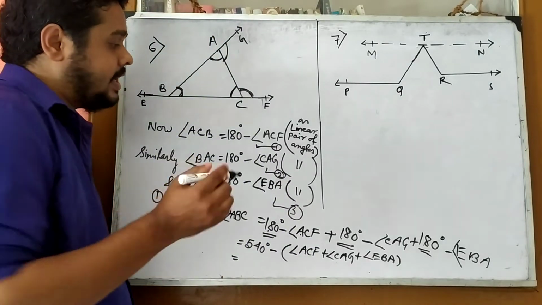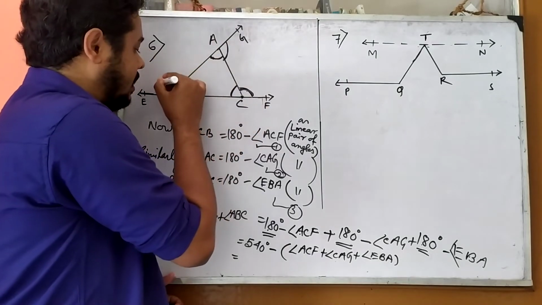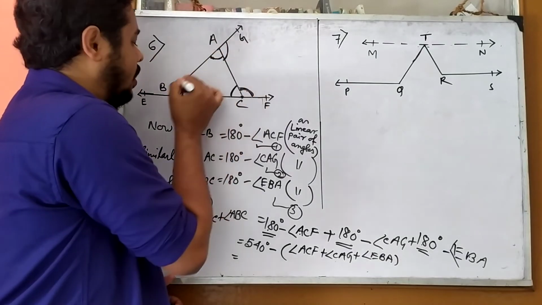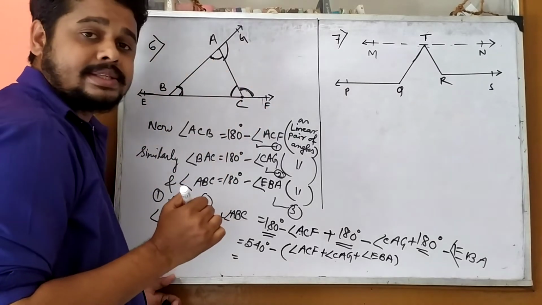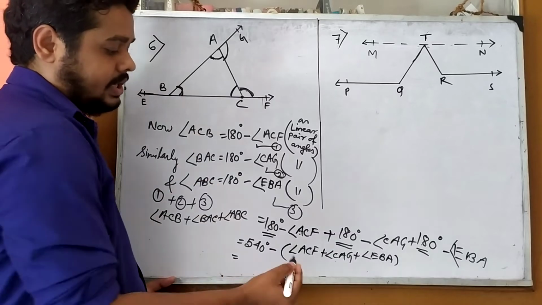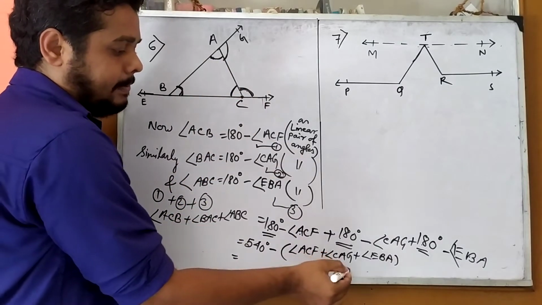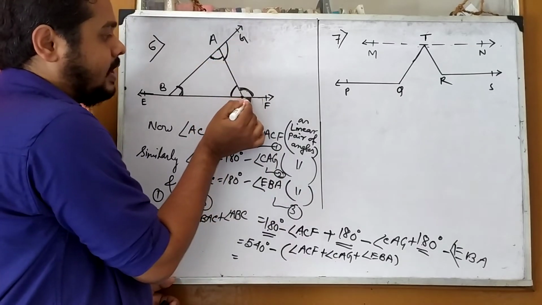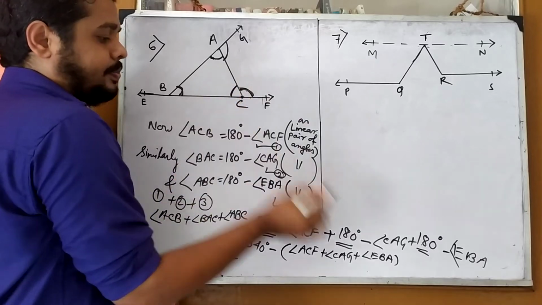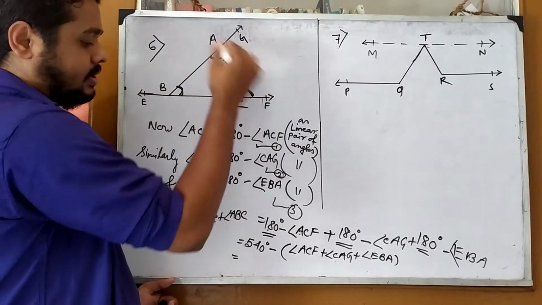Now our journey starts from here, and after a complete rotation we are coming back to C. That means the total angle is 360 degrees. Now see ACF, this angle, plus CAG, this angle, and EBA, that means a complete rotation.